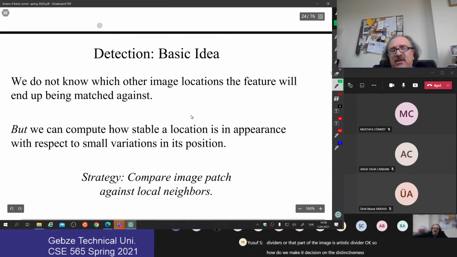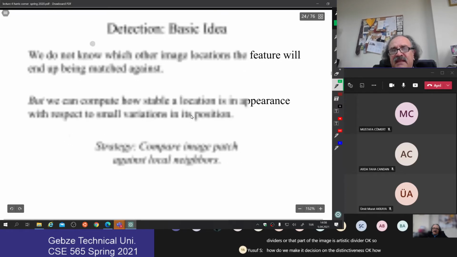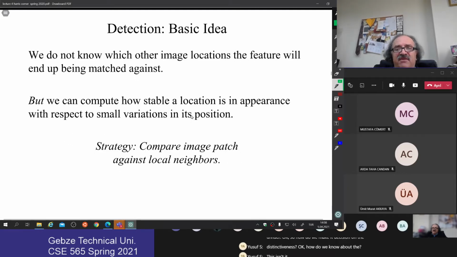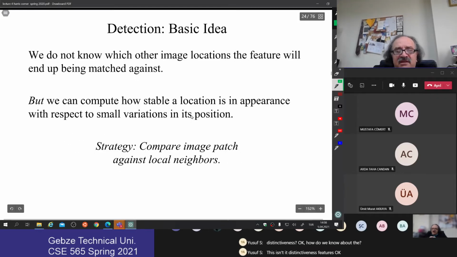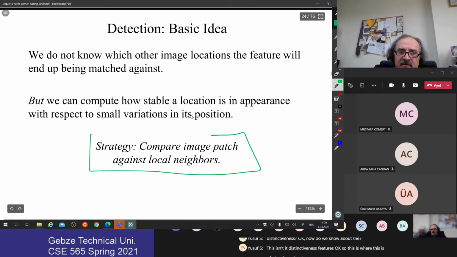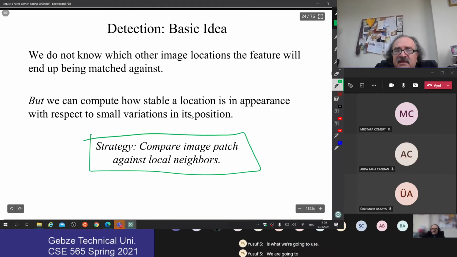Okay, how do we know about the distinctiveness features? This is what we are going to use. We are going to compare the image against the local neighbor.